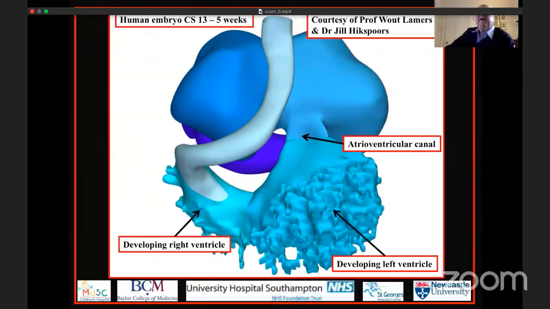So the apical component of the right ventricle is ballooning from the outlet part of the ventricular loop. And the developing right ventricle at this stage is supporting the outflow tract, and the outflow tract is extending to the margins of the pericardial cavity. So what we need to know if we are to understand double outlet both ventricles is what is happening to the outflow tract.